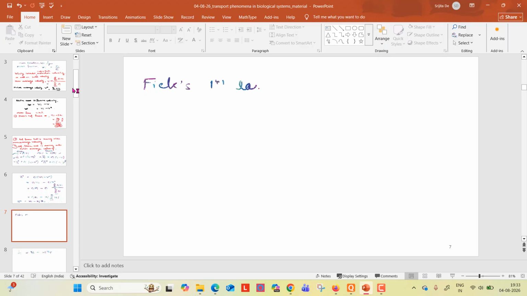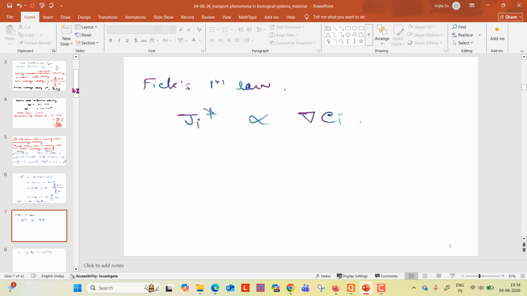So according to Fick's first law, Ji, which we are defining as Ji star, the diffusive molar flux or relative molar flux with respect to molar average velocity, right? It is proportional to the concentration gradient.